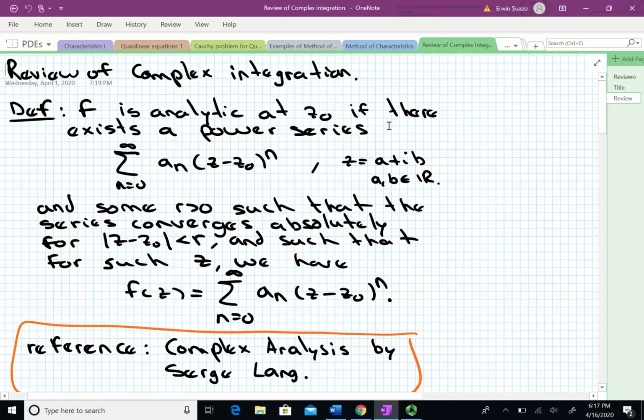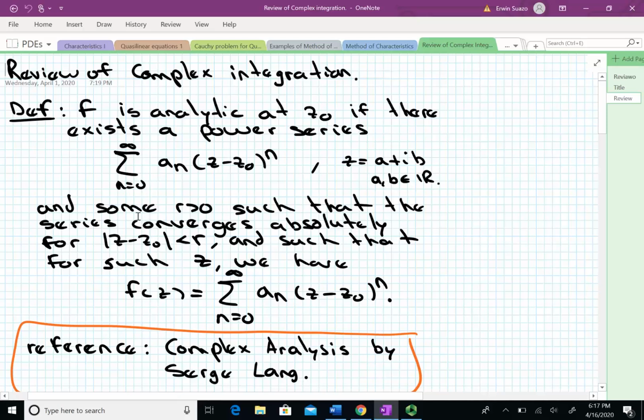You have seen Taylor's theorem and power series, right? So f is analytic at c0, which is a complex number, if there exists a power series of this form, where c equals a plus ib, with a and b real numbers.